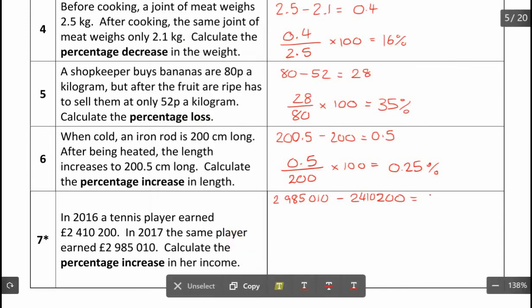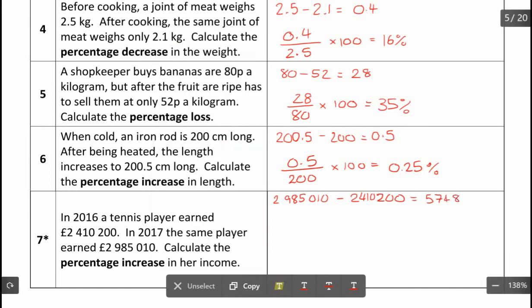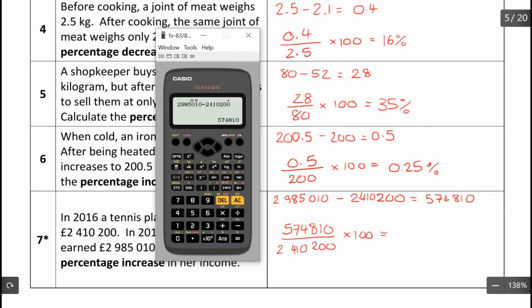So her earnings went up by £574,810. So it's that change divided by the original amount, the 2016 amount, times 100. I've already got that on my screen.